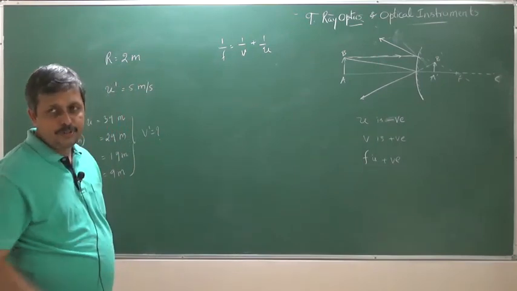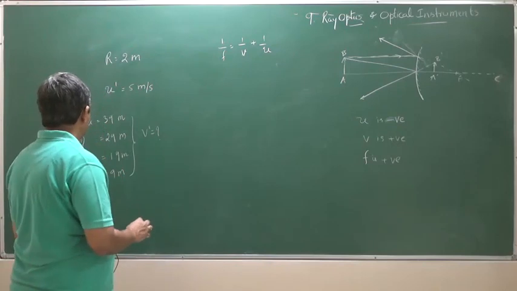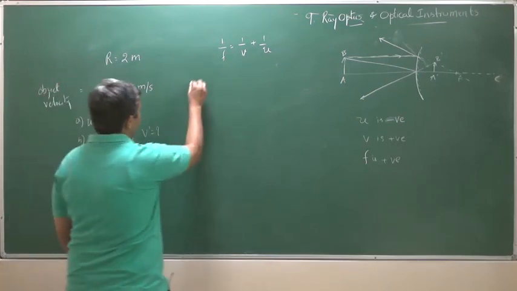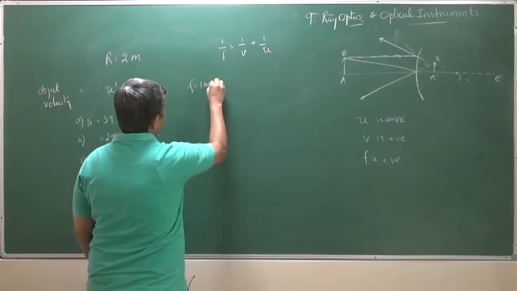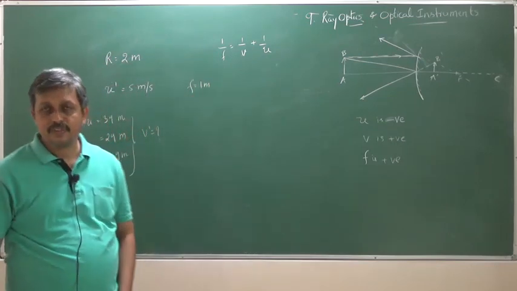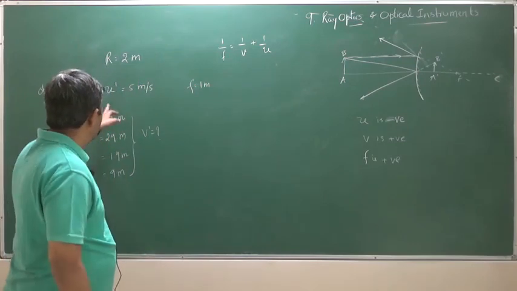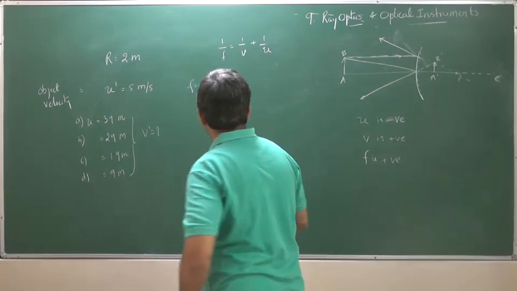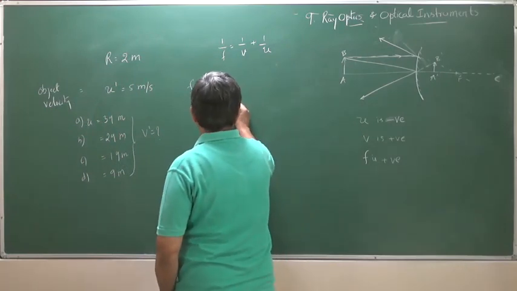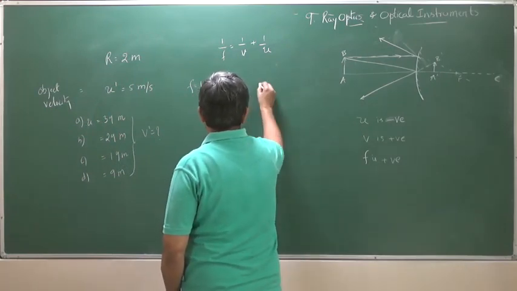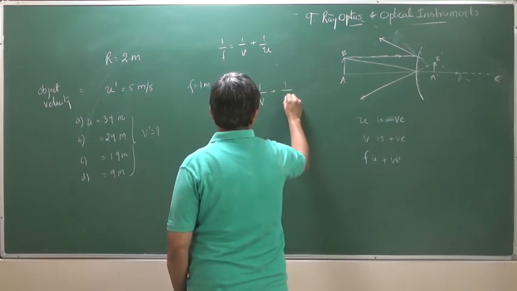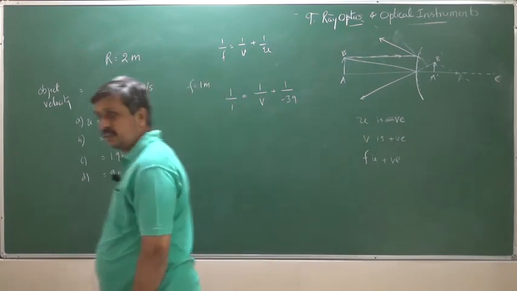Now, we will substitute anyway. 1 by f is equal to... have we been given f? We have been given R as 2 meters, so f is equal to 1 meter. We have been given f, and we are also given u. First one, u is equal to 39 meters. So, 1 by f, that is 1 by 1, is equal to 1 by v plus 1 by minus 39.